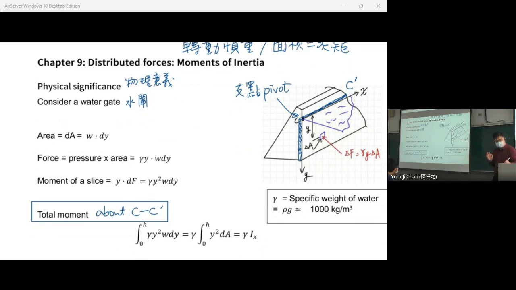Now, because water has pressure, 压力, this is water pressure. And if we go down, we have higher pressure. That's the first thing.